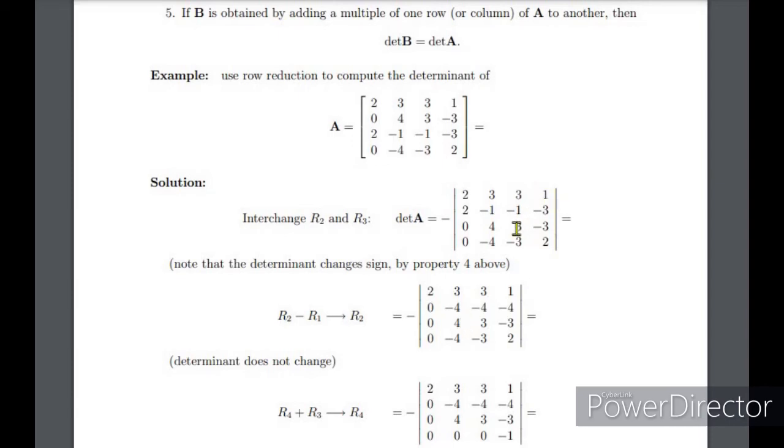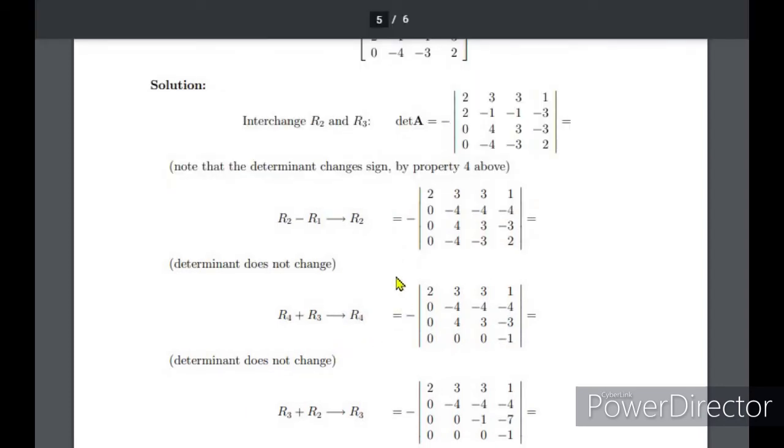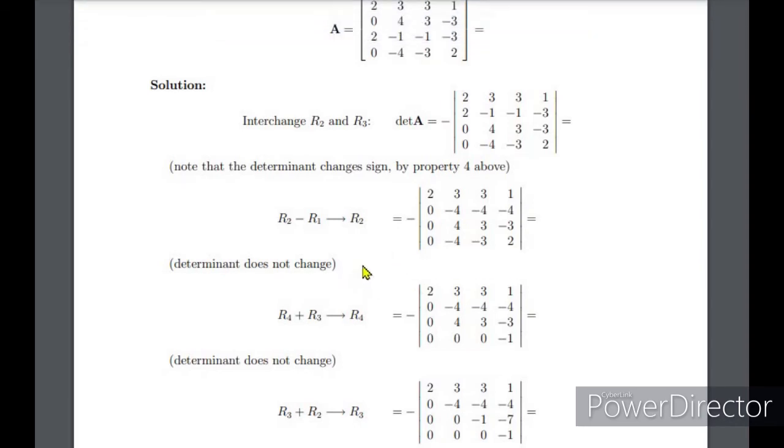It is the same computation for the rest of the elements in row 2. That's why it is indicated that row 2 is changed here. By doing that row operation, the determinant does not change, because it is also indicated in the properties. You can check that.